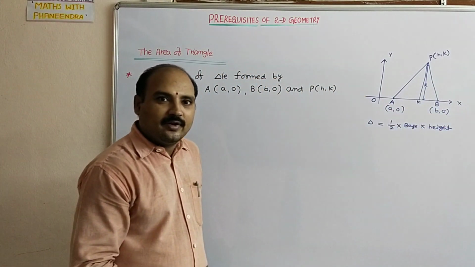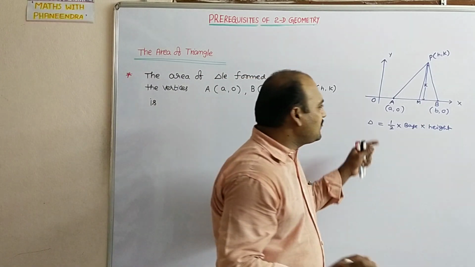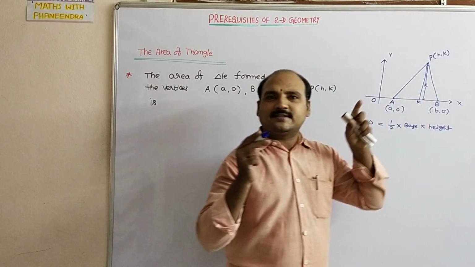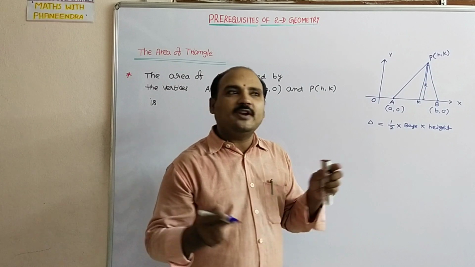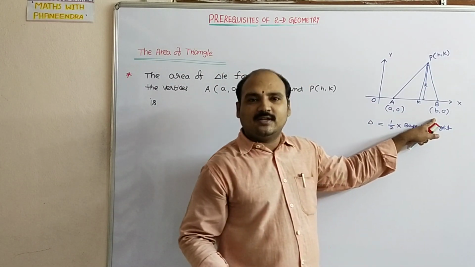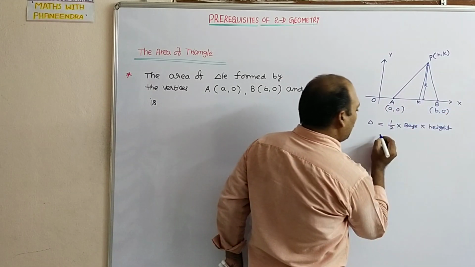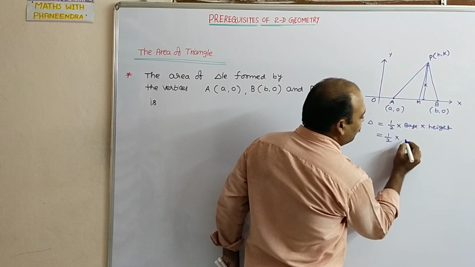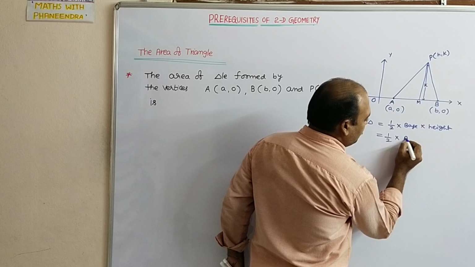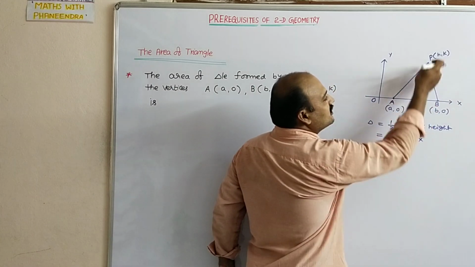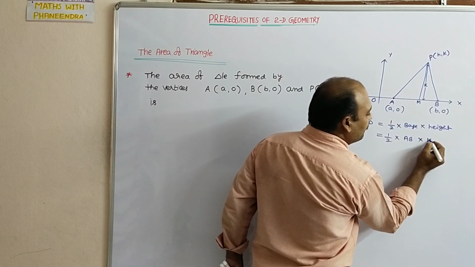Whenever you calculate the distance between 2 points on the x-axis, the difference of x coordinates is the answer. So mod A minus B. So the base will become AB according to the figure. Base AB into height. Height means PM, that is equal to K.